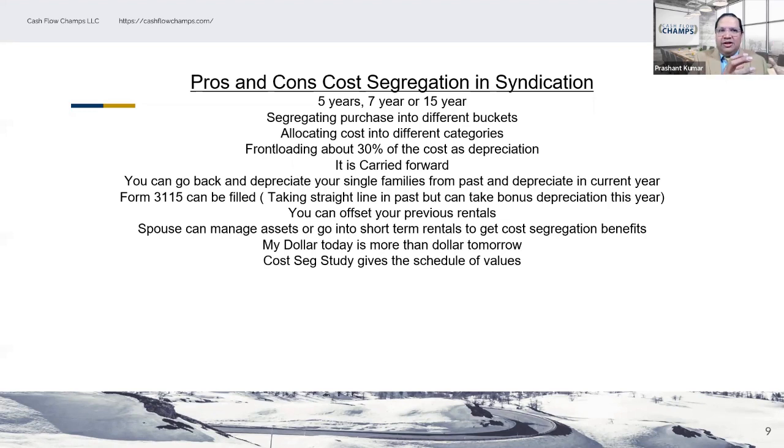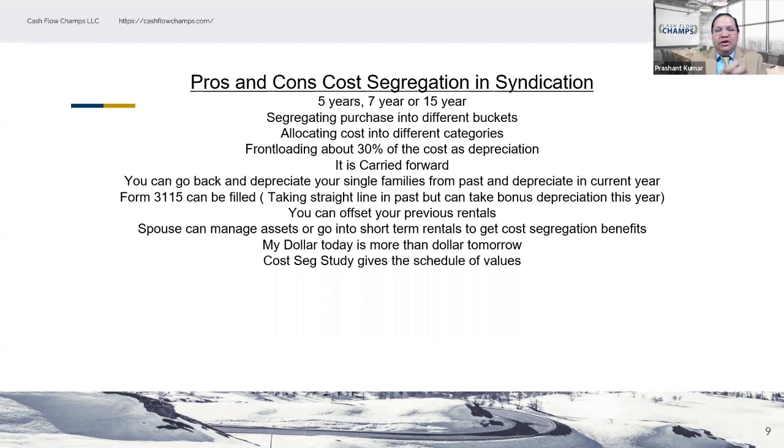We are multifamily guys, we do mostly multifamily, but for single family investors bonus depreciation is also available. If you have bought a single family home and you have been depreciating it on a 27.5-year schedule, you can go back and update. There's no need to amend your tax returns.